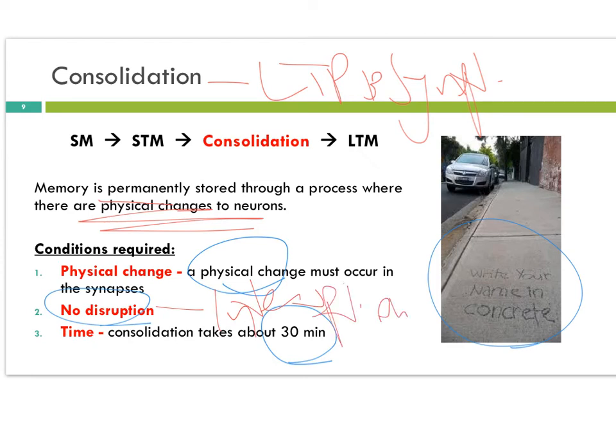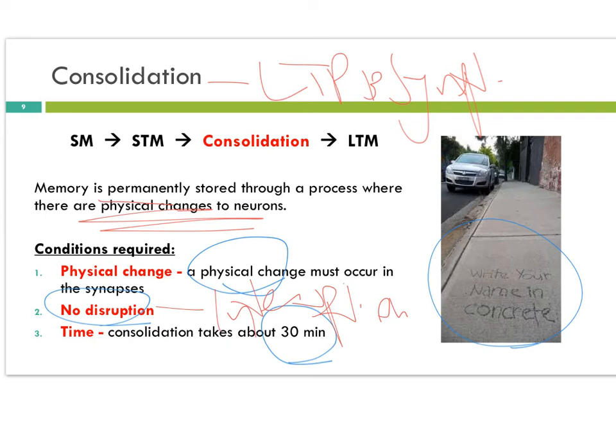And so because we've had an interruption, that means that the memory trace, or those physical changes, do not form properly. So those bushy dendrites, those synapses, they're not forming properly because there's been this disruption. And what that means is that the memories that you made 30 minutes prior to the accident aren't actually forming properly and you lose them.